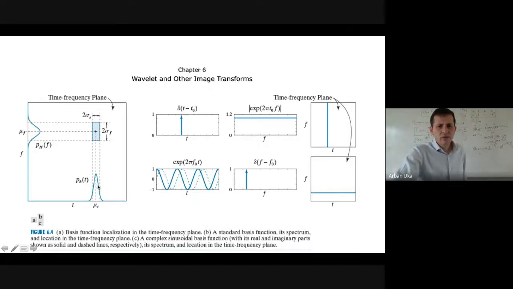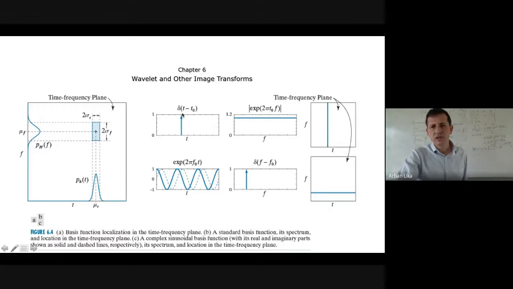We notice, which I guess you already know, that the smaller the width in time, the larger the width in the frequency domain. For example, if we have a unit pulse function like delta of t minus t0, which has a 1 at t0 and 0 everywhere else, it has a width of 0. Since the width is 0, the width of the same function in the Fourier domain is infinite; it fills up the complete domain.